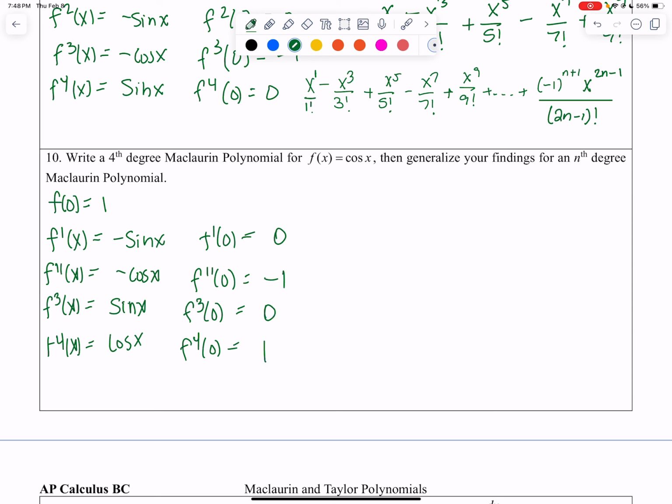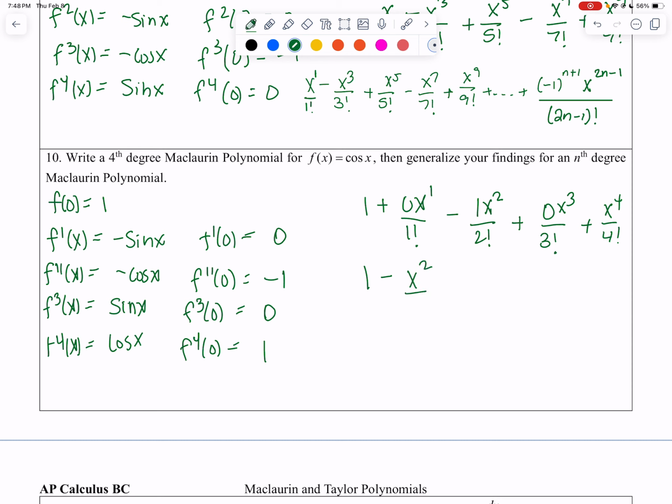So now I have 1 plus 0 x to the 1 over 1 factorial, minus 1 x squared over 2 factorial, plus 0 x cubed over 3 factorial, plus 1 x to the 4th over 4 factorial. And if I were to simplify that, I'm going to have 1 minus x squared over 2 factorial plus x to the 4th over 4 factorial.